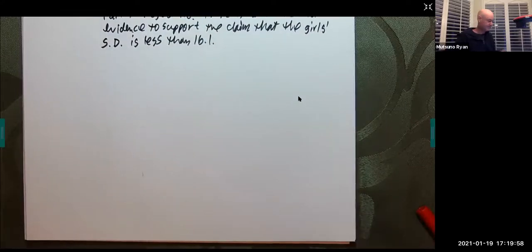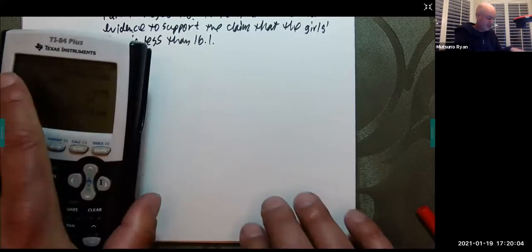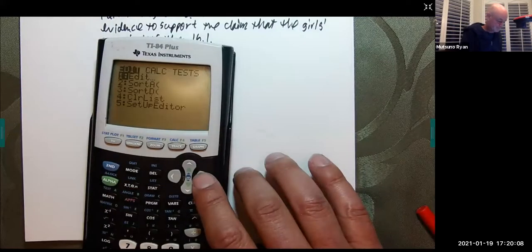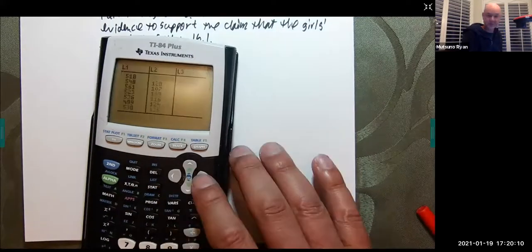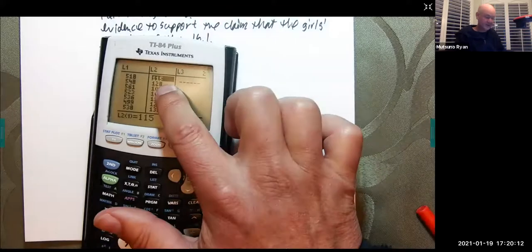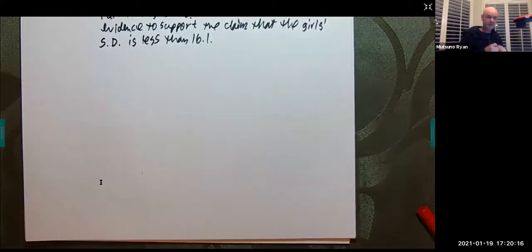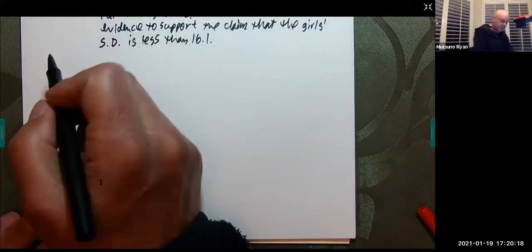Number 28. Now for number 28, as you're looking at it, you see raw data, and I have already put that data into list 2. There's the 115 and so on. So you may need to pause this video and put that in. I'm just going to go ahead and push forward. 28, this is it.